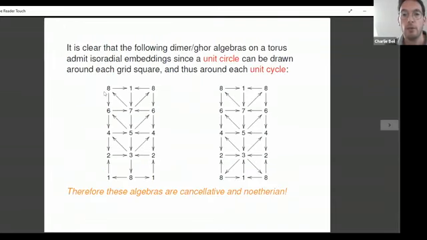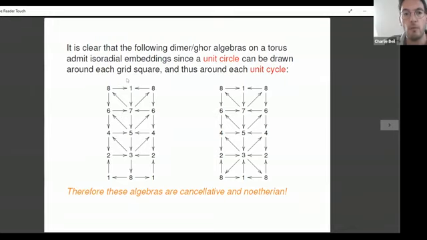So here are two examples of dimer algebras on a torus. And it's clear that the following dimer quivers on a torus admit isoradial embeddings, because in these pictures you can draw a circle around each of the unit cycles that has the same length radius, so you can say radius 1.